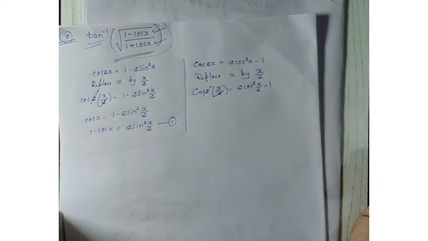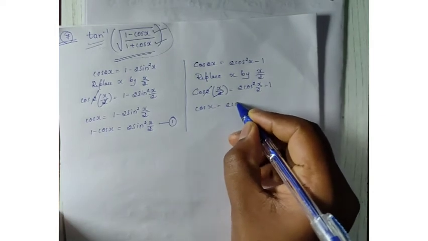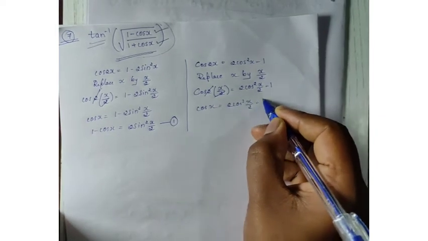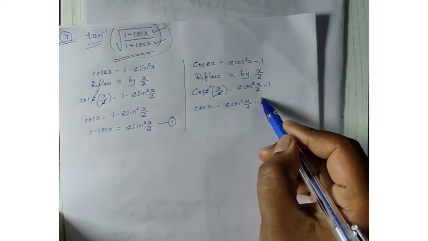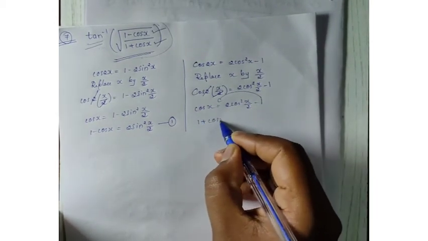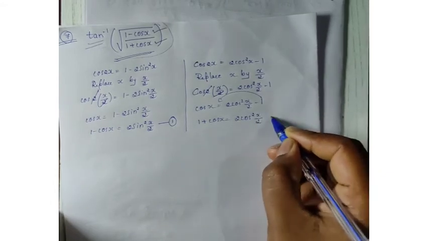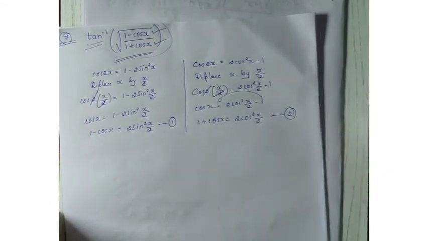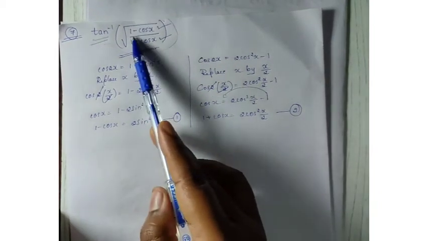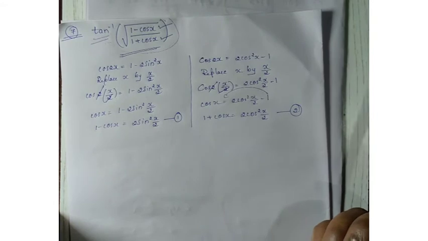This 2 and this 2 get cancelled. Therefore, cos x is equal to 2 cos square x by 2 minus 1. I'll shift 1 over here. Therefore, 1 plus cos x is equal to 2 cos square x by 2. Consider it as equation number 2. So you got 1 minus cos x and 1 plus cos x, right? So let us replace.